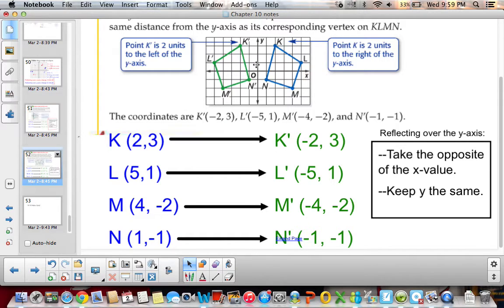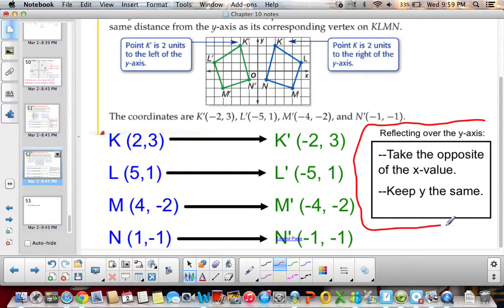When we're reflecting over the y-axis, we're just going to the left or to the right. So that is why when we reflect over the y-axis, something else that you want to write down, you first take the opposite value of the x value, and then you keep y the same.